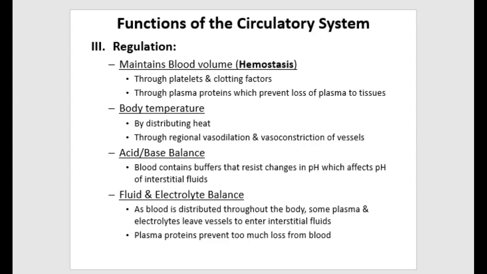The blood has a buffering system, buffers that resist these changes in pH. And of course, the plasma proteins that are present in blood, they do a little bit of buffering for pH. But as I mentioned previously, they help to maintain blood volume. So if you've heard of albumin, fibrinogen, any kind of plasma protein present in the bloodstream will help keep water in the blood as well. And so that maintains blood volume.